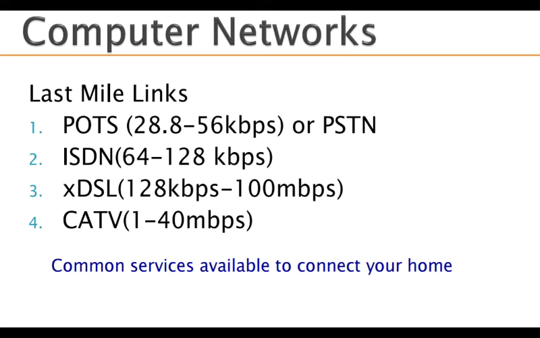In ISDN you are going to get 64 up to 128 kbps, then the DSL line gives you 128 kbps up to 100 Mbps, and CATV from 1 to 40 Mbps. So these are the common services available to connect your home.